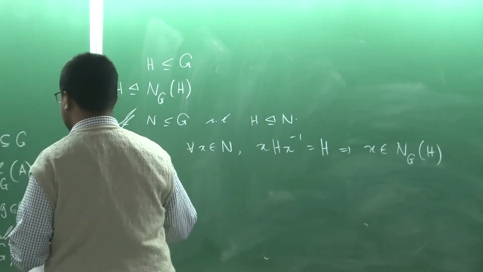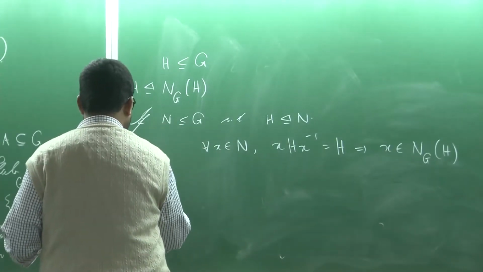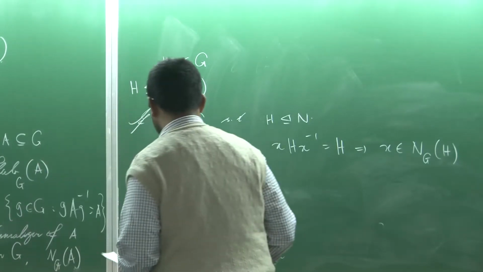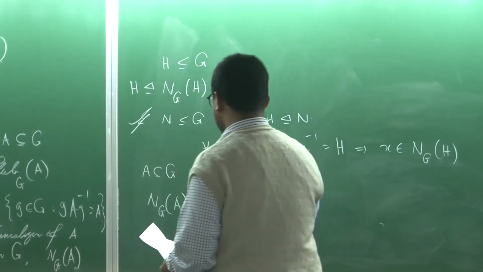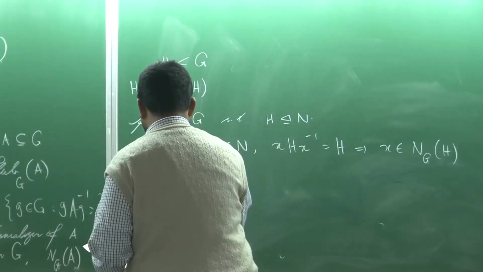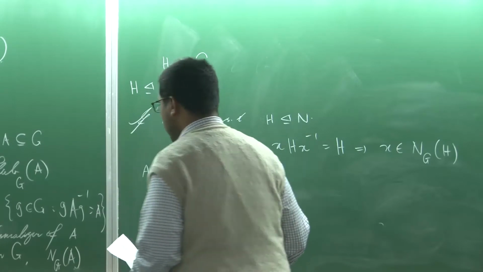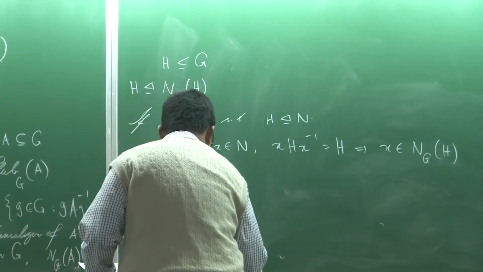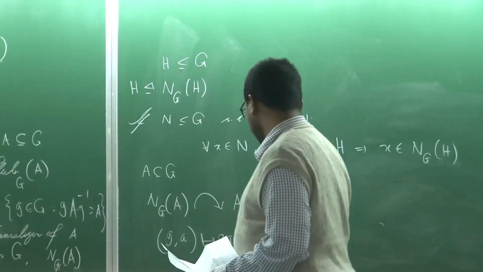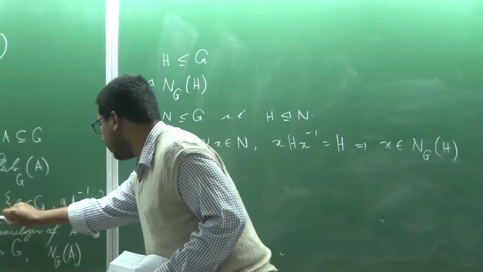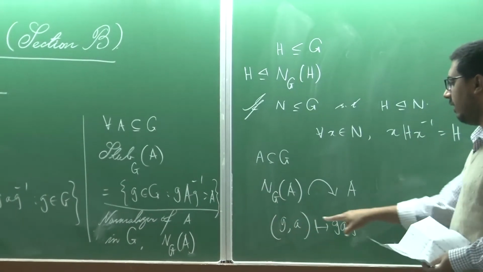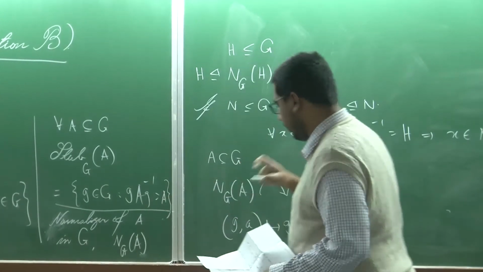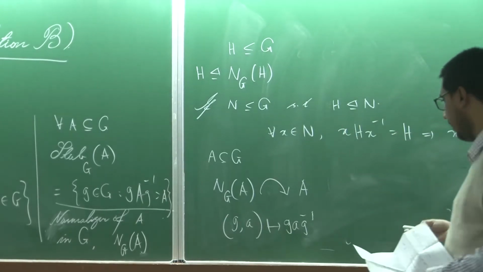Then, like previously, for any A in G, we can immediately have the action of the normalizer on A, where g acts by sending a to gag^{-1}. Look at the definition of the normalizer, from which it will be clear why this lands inside A, because A is closed under conjugation by g for every g in the normalizer.